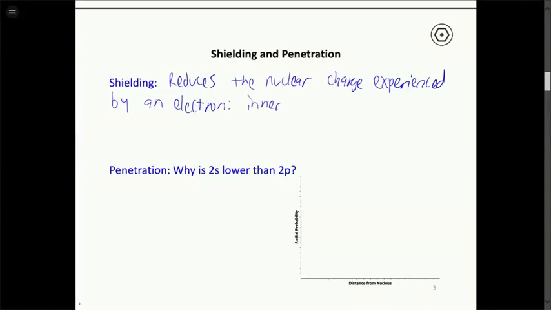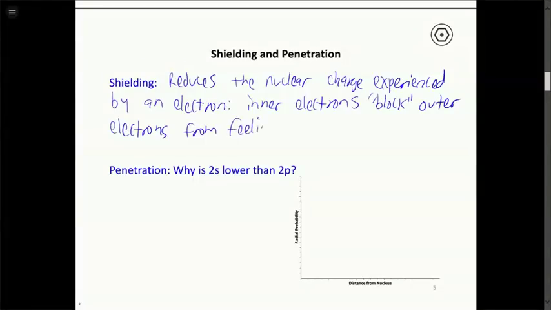So when you have inner electrons that are closer to the nucleus in a lower shell number, these inner electrons are going to partially block the outer electrons from the nucleus, and it's going to stop them from feeling that maximum nuclear charge. All right, and so we call this the effective nuclear charge, or Z effective, and it's going to be less than the total nuclear charge for the outer electrons.